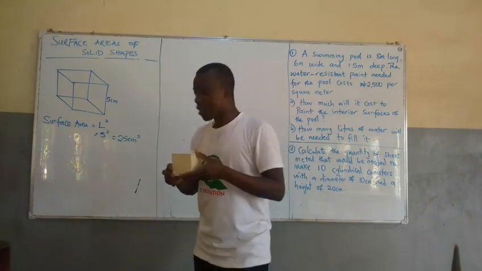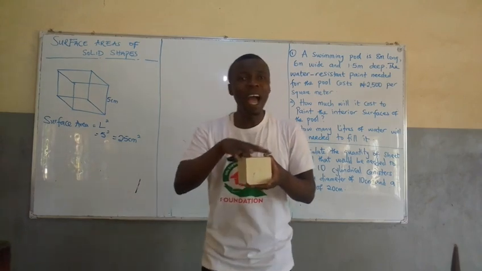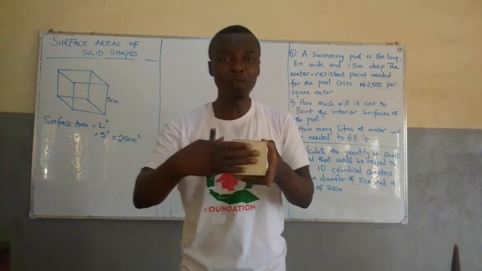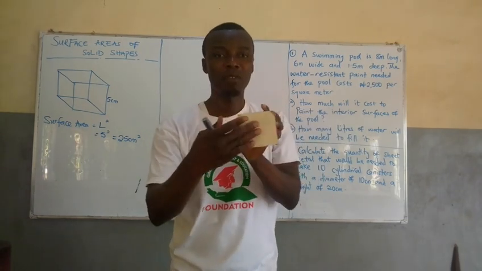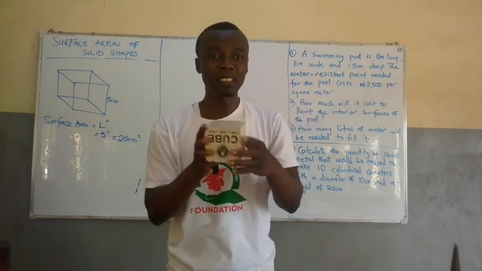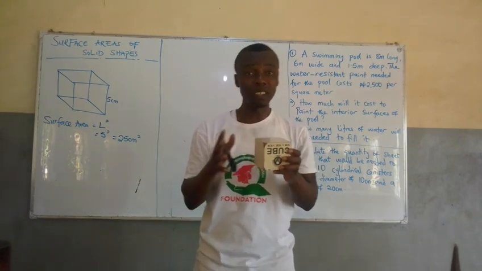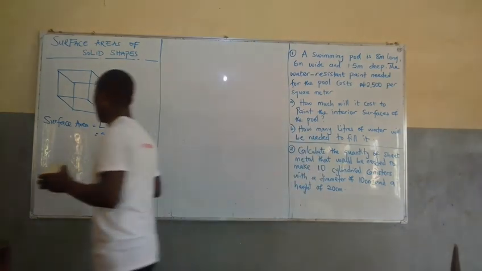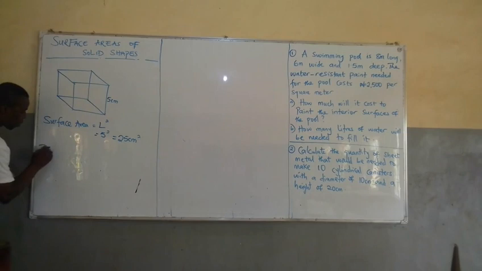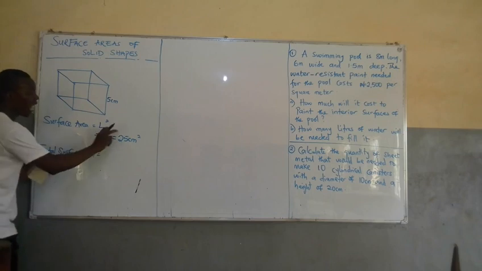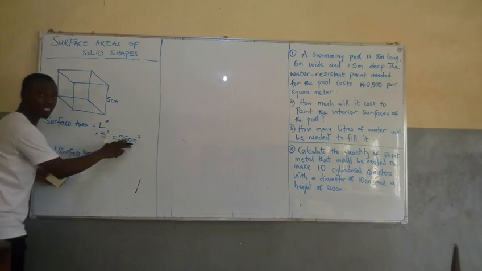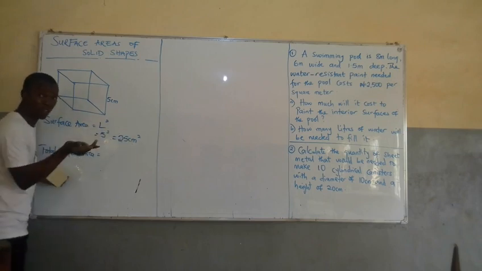But don't forget, remember that the cube has 6 surfaces. We have 1 here, 2, 3, 4, 5, and 6, and all the surfaces are the same. Since all the surfaces are the same, what would be the total surface area of this cube? One surface area is 25 centimeter squared, and we have 6 surfaces.